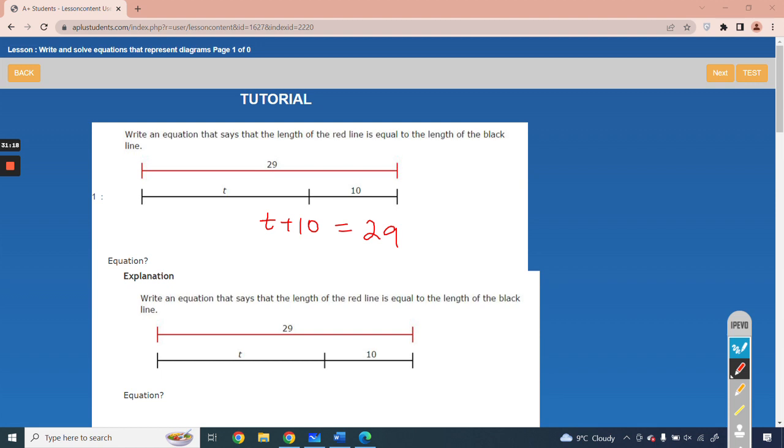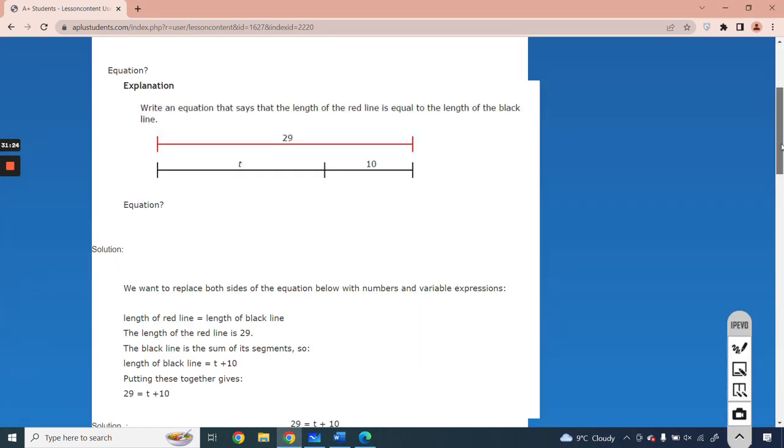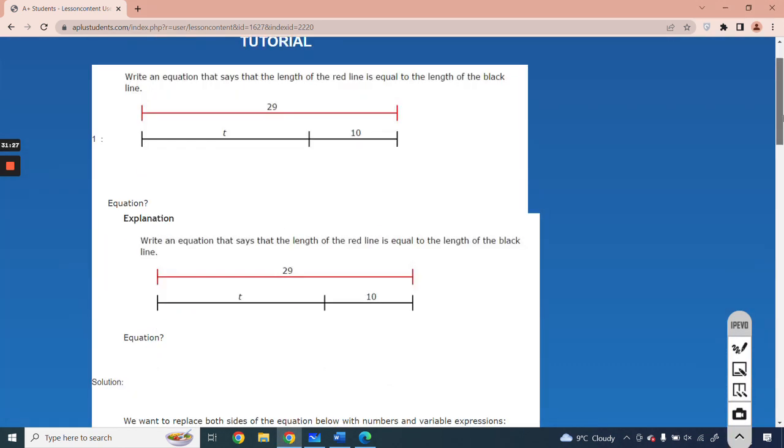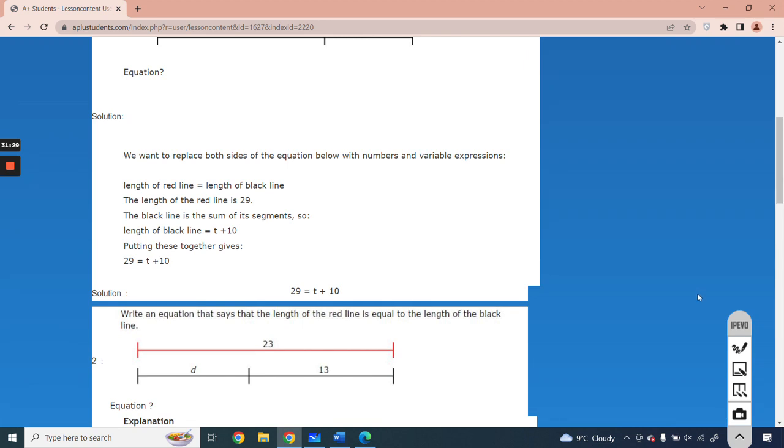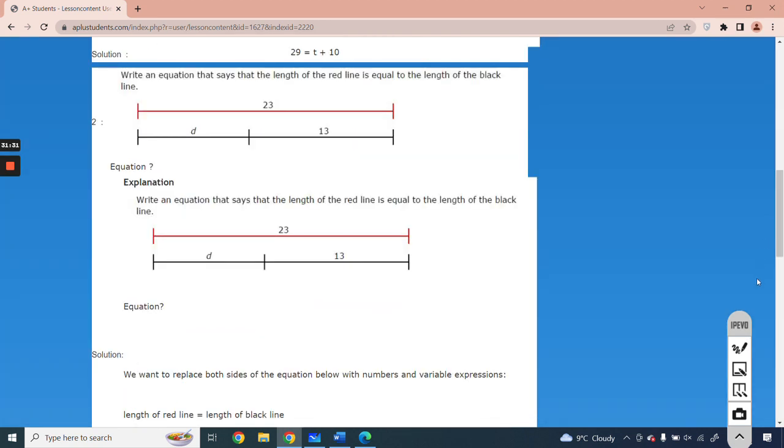I think we just have to write the equation, not solve. Yes, we just have to write the equation. Got it? Just look at the second one. The length of the red line is 23. The length of the black line is divided into two parts: d and 13.